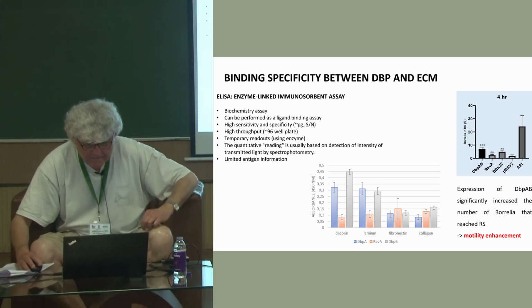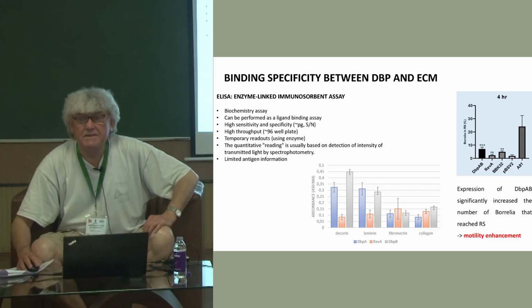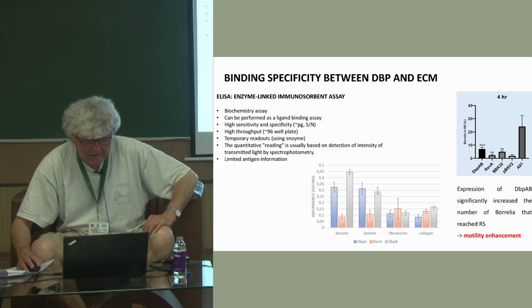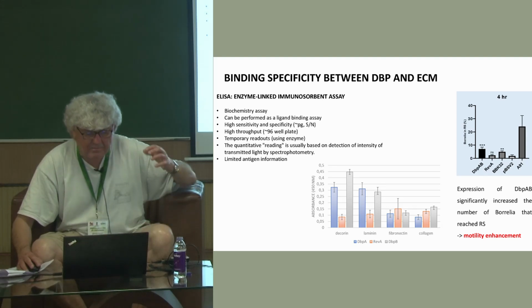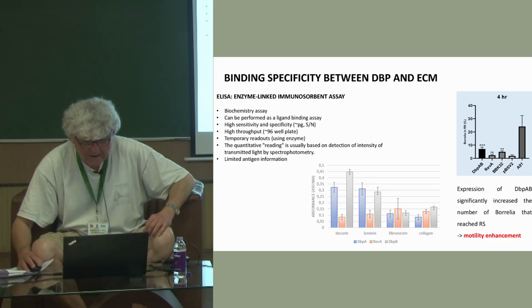So what you see here is Borrelial proteins, yeah, and then they performed an ELISA-type assay. Which of the bacterial proteins bind to which of the ECM proteins? Yeah? You can see the extracellular matrix proteins here: decorin, laminin, fibronectin, and collagen.